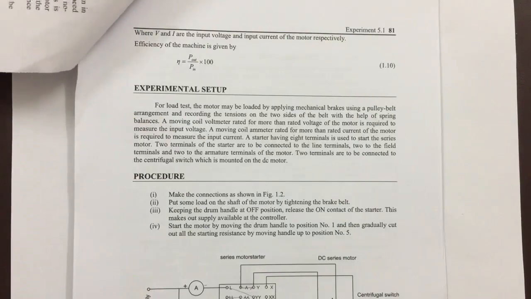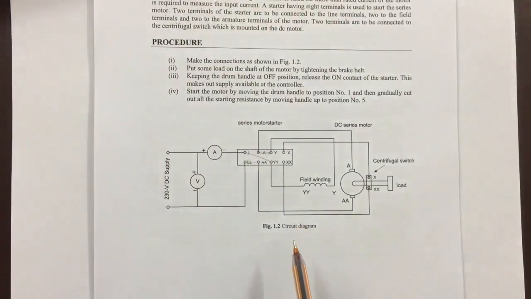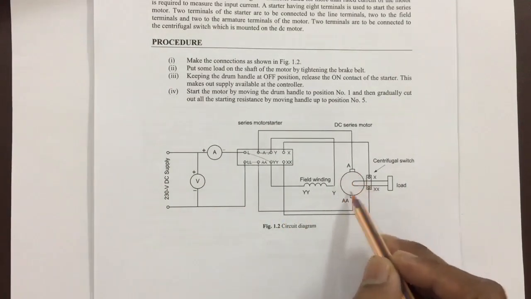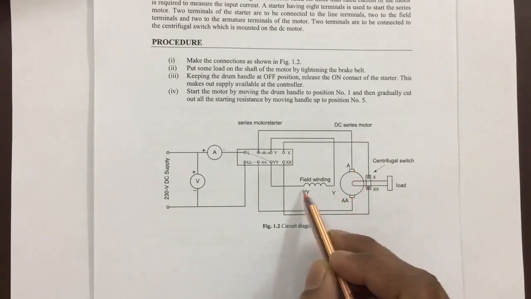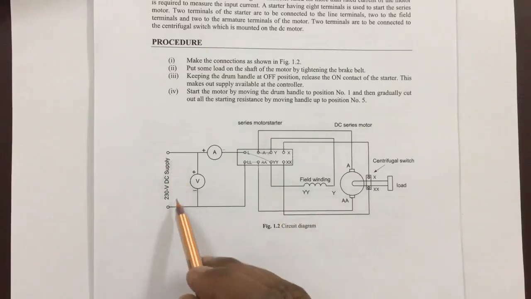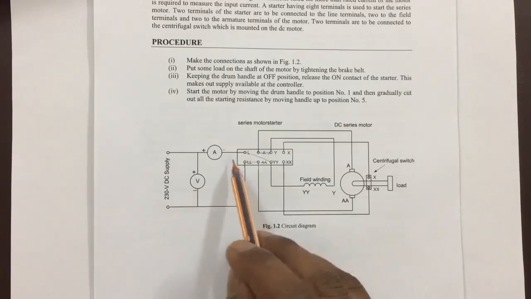This is the circuit diagram to perform the experiment. This is our DC series motor, which has armature as well as field winding for excitation, and the supply is given from here, 230 volt fixed DC supply.